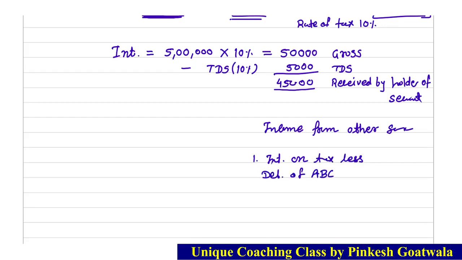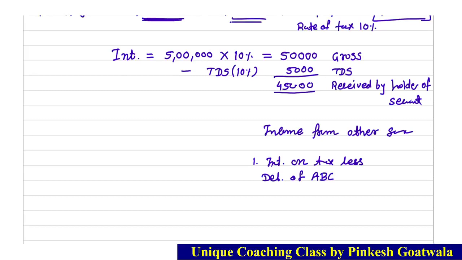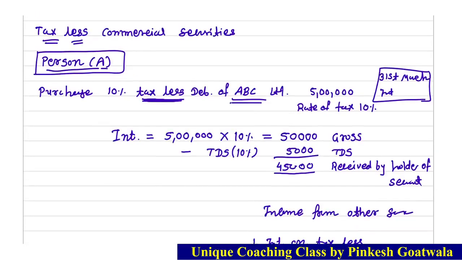Now which amount should he show here? Actually the gross amount of interest is 50,000, but 5,000 TDS has been deducted and he got 45,000.